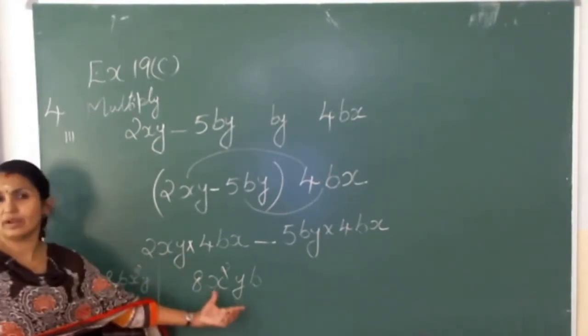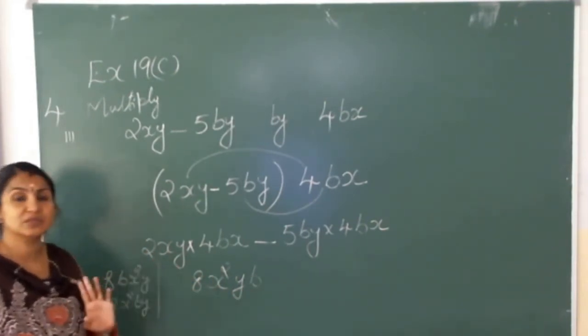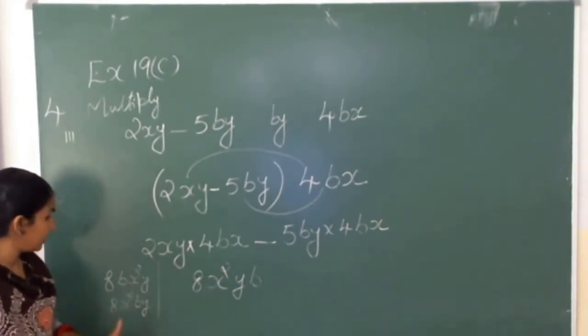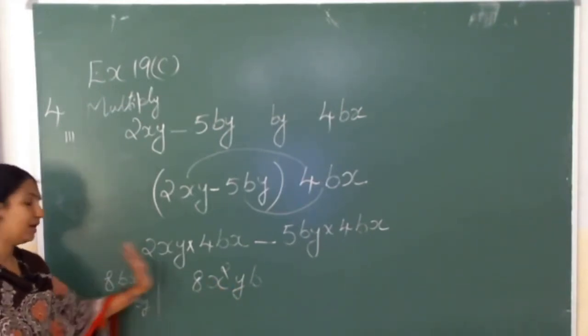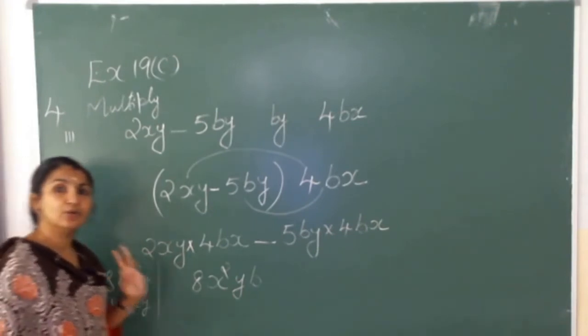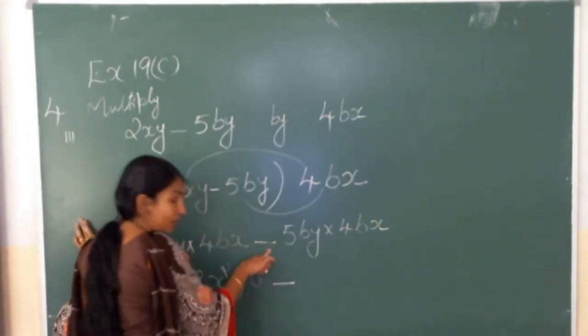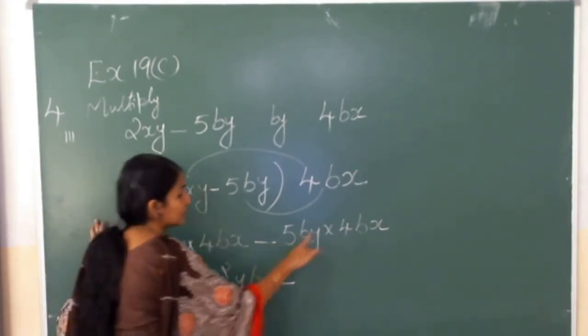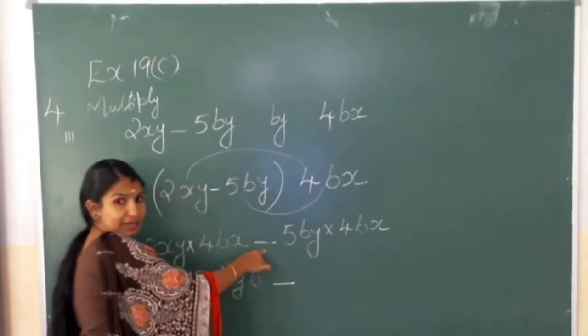Any way you can write. Only the thing is, you should write all these terms there. X square is always there, b is everywhere there, and y also there. So anyway you can write. There is no problem. Okay. Now this minus. Why are we writing minus itself here? Because there is no other sign here, because it's positive and negative.